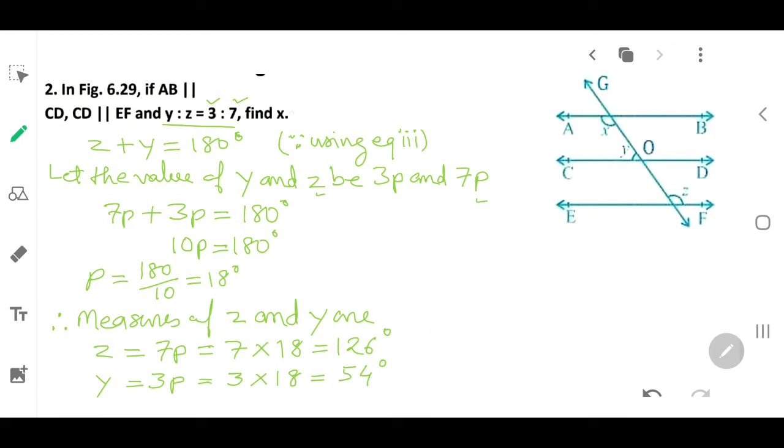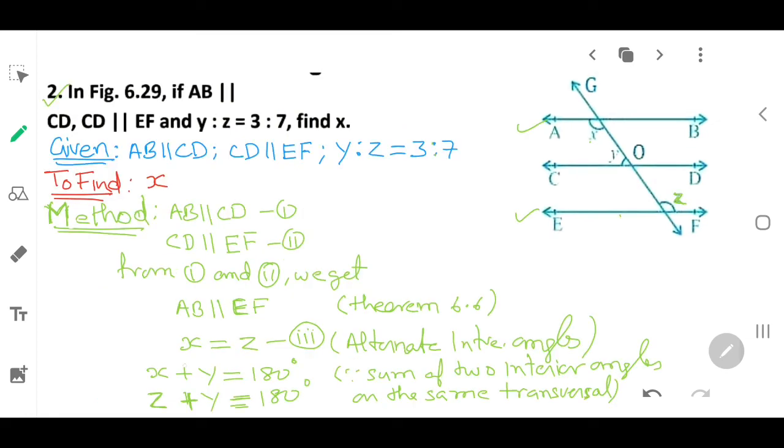But they are asking to find out the value of x. You understood, na? But here we know that x is equal to z. So what is the value of z we got? That is equal to x, correct?